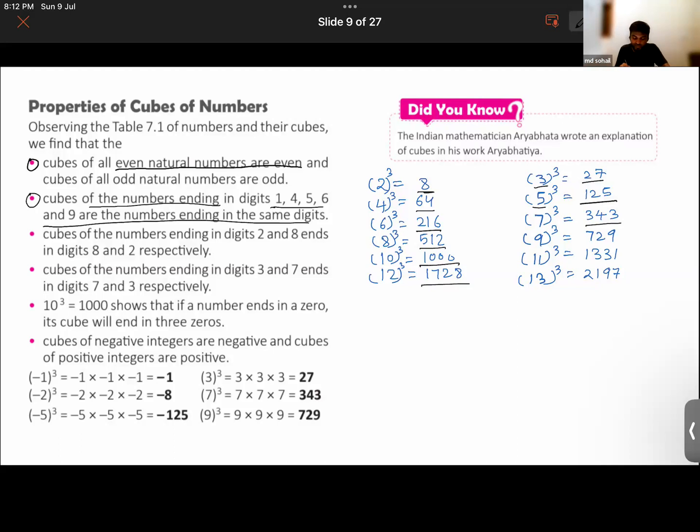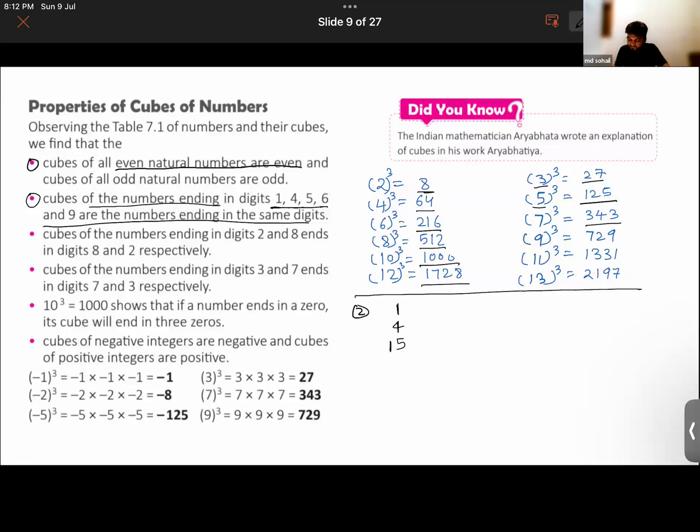Next property: cubes of the numbers ending in digits 1, 4, 5, 6, and 9 are numbers ending in the same digits. What do we mean here? Read the second property: cubes of numbers ending in digits 1, 4, 5, 6, and 9 are numbers ending in the same digits.